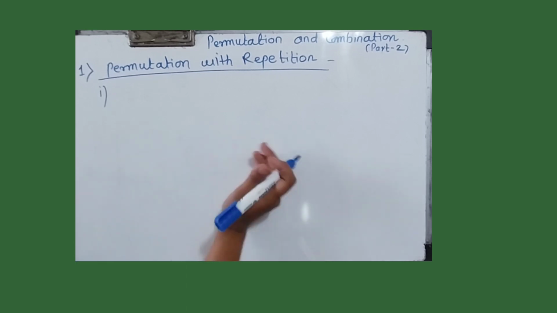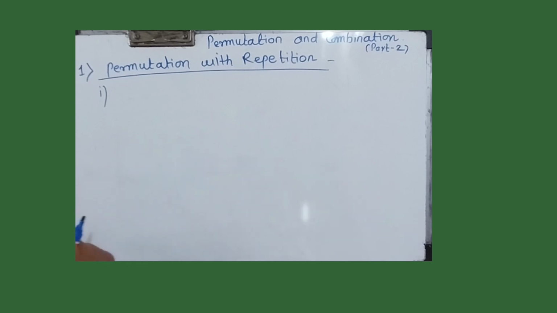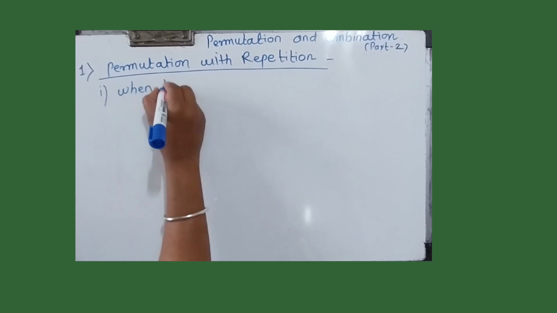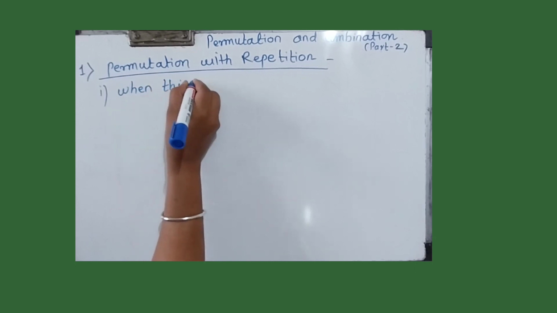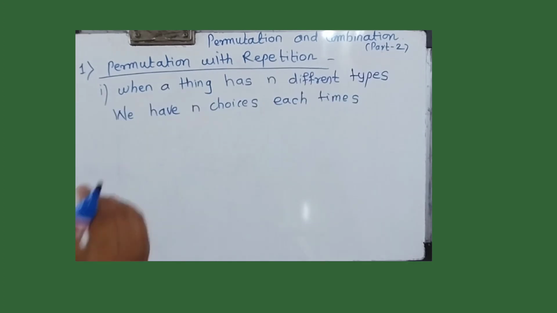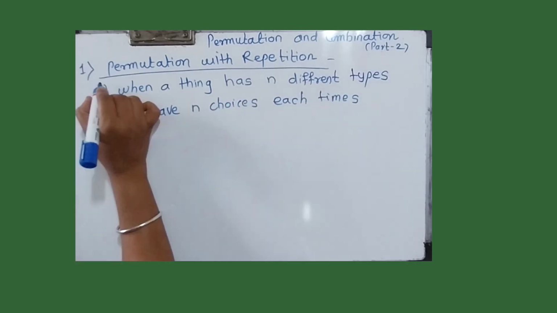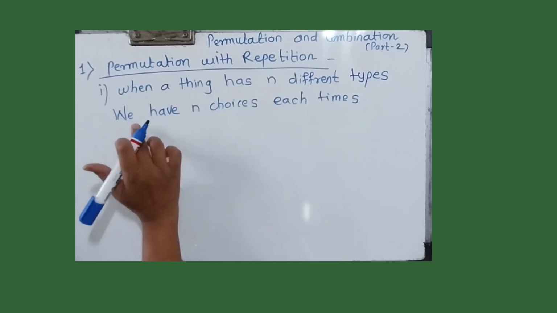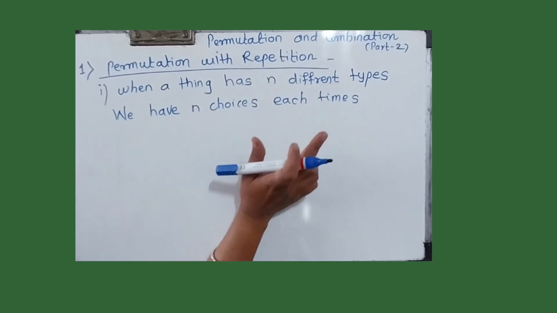Now it is very simple to calculate. In permutation with repetition, when a thing has n different types, we have n choices each time.